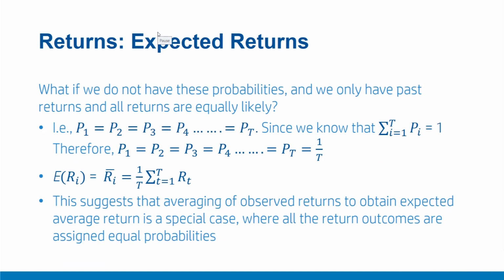What if we do not have these probabilities and we only have past returns and all the returns are equally likely? Consider a special case where all the scenarios have the same probabilities, that is P1 equals P2 and so on up till PT.